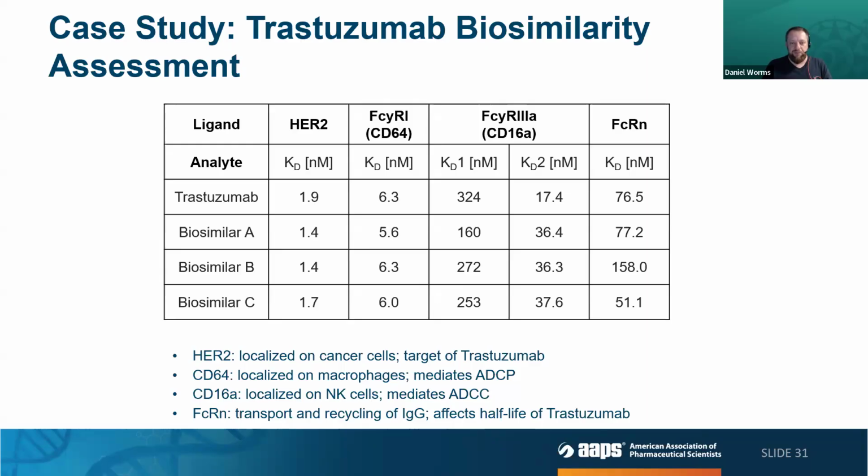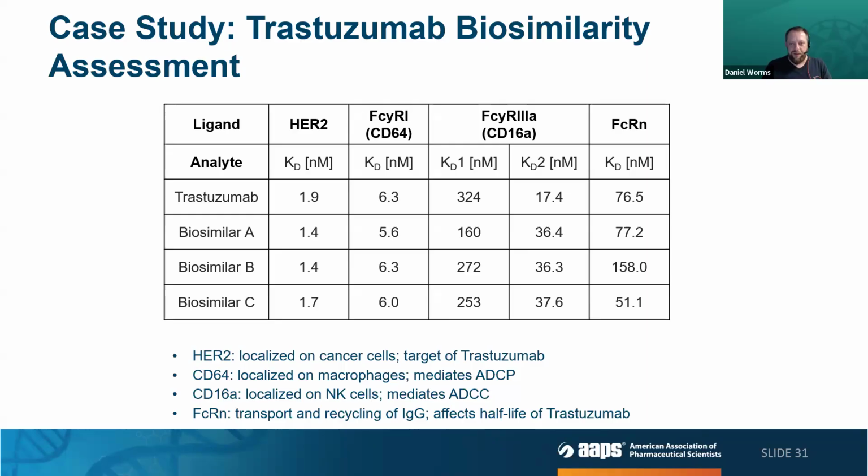That is due to the different glycosylation patterns of CD16A. And this model has two distinct KD values. And the primarily relevant affinity value here is KD1.